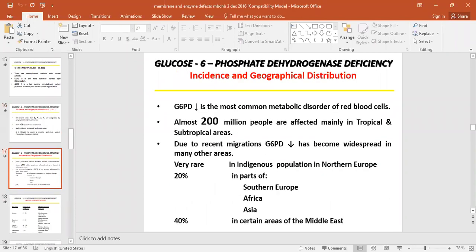Okay. I don't want to belabor this because, geographically speaking, as I did mention, G6PD deficiency is the most common metabolic disorder of the red cell, with over 200 million people. So a majority of the people and a large population would have this disease, especially in the tropical and subtropical areas.